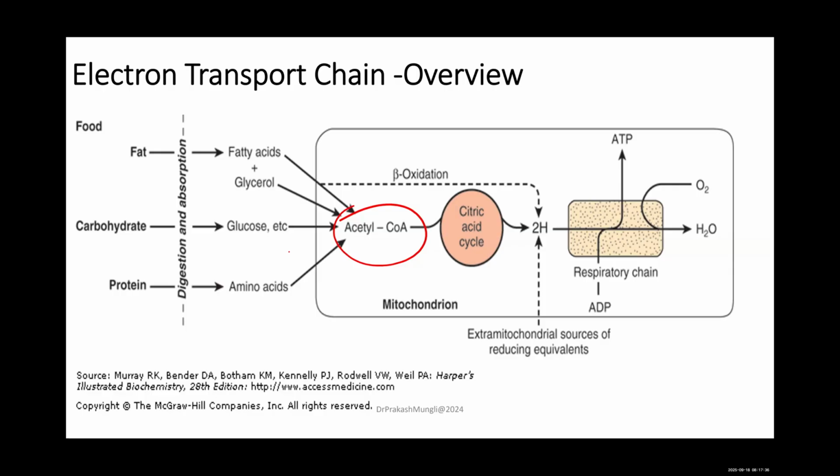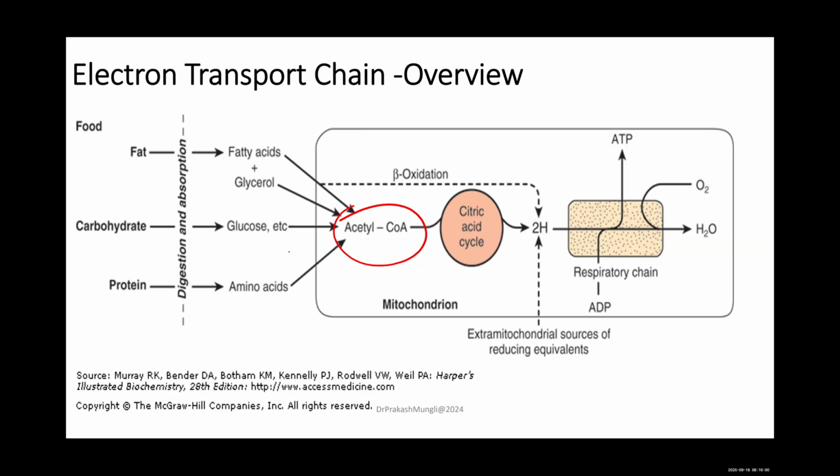Ultimately, these 2 protons combine with an atom of oxygen, not an oxygen molecule. An oxygen molecule is O2, 2 atoms together. So this 2H combines with only 1 atom of oxygen in the final complex of the electron transport chain and makes water.